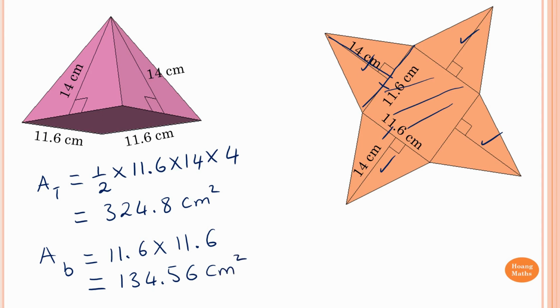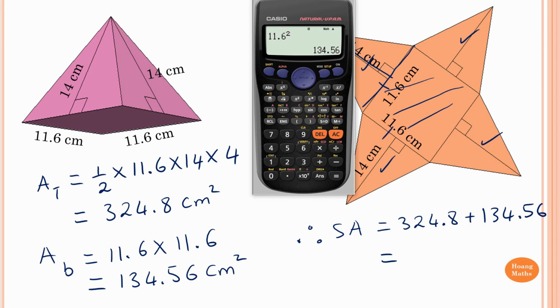So I just write here, therefore, the surface area of this solid here is 324.8 add 134.56, which equals, so 324.8 plus the last answer.